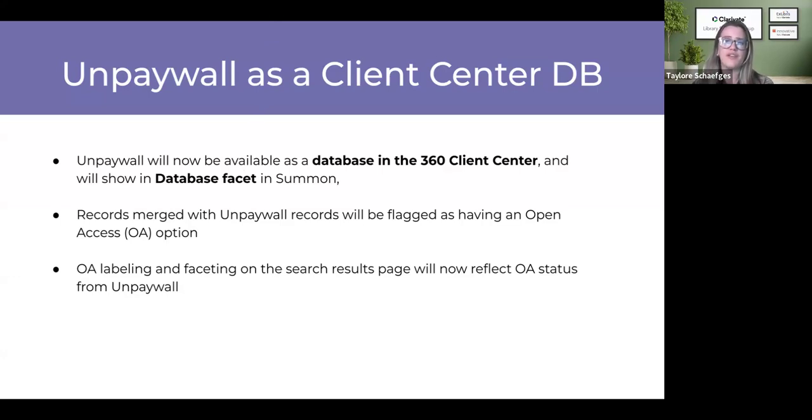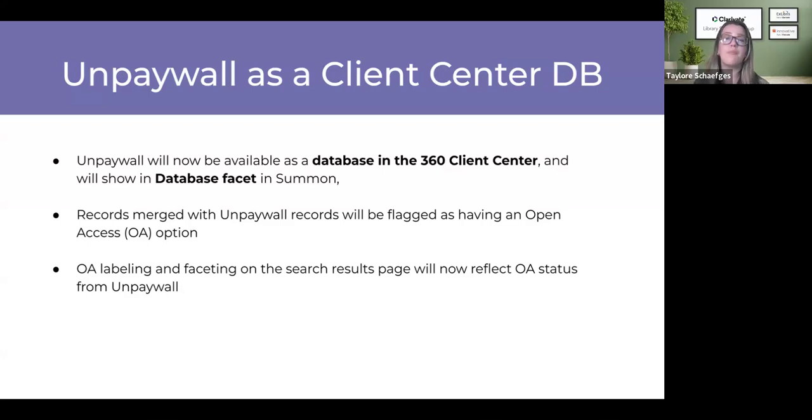One of the key benefits is that Unpaywall will now show as a database facet in the Summon search. This enhancement is designed to improve open access content in Summon, making it easier for your users and patrons to filter their search results and include OA content available through Unpaywall.